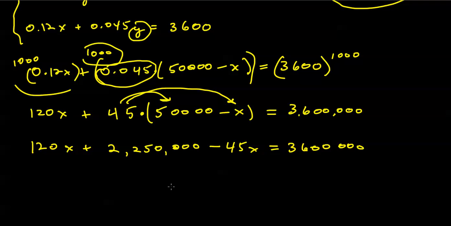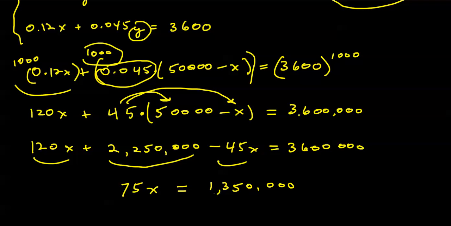Now I'm going to combine like terms. 120x minus 45x gives me 75x on the left, and I'm going to subtract 2,250,000 from both sides, and that will give me 1,350,000 on the right.